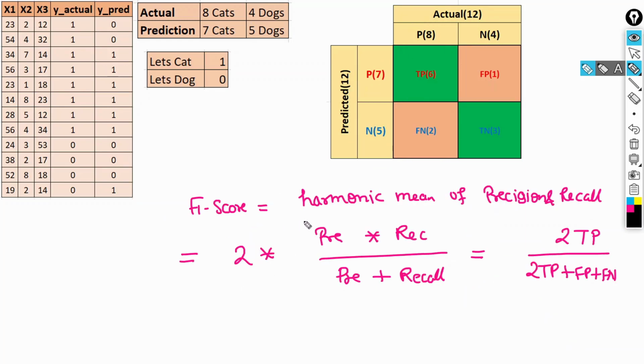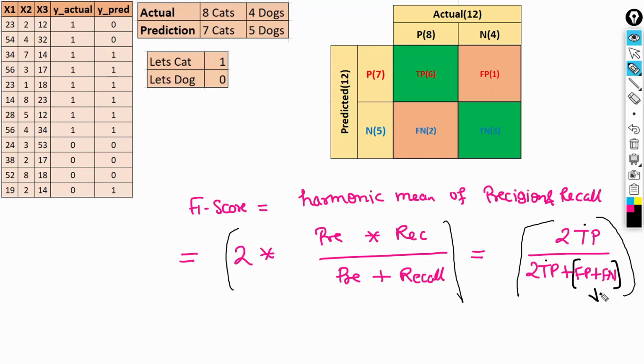Next is the F1 score. If you see here, this is the harmonic mean of precision and recall. The formula is 2 multiplied by precision multiplied by recall divided by precision plus recall. If we derive this equation, we will get this particular output. If you see, these two terms are constant; if we increase them, the true positive will also increase. So false positive and false negative are crucial in the F1 score.